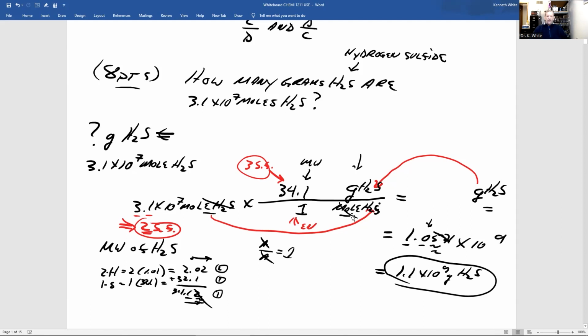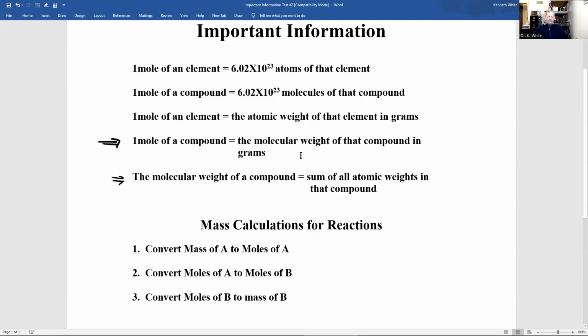Whatever you're trying to get rid of, the units go underneath the ratio. And where do we get these numbers? 1 mole of a compound equals the molecular weight of that compound in grams. And the molecular weight of a compound is the sum of all atomic weights in that compound.